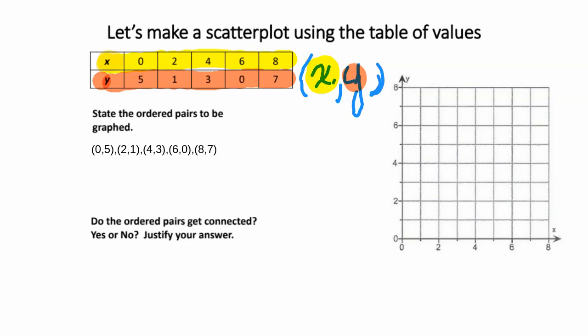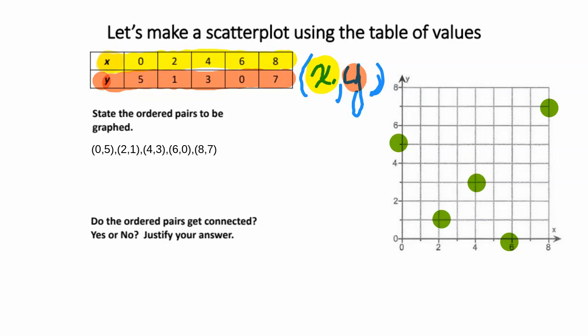Now, see the graph? I'm going to graph these. Okay? So that means I am going to put a dot for 0, 5. That's going to be right here. 2, 1, going to be right here. 4, 3, right there. 6, 0, right here. 8, 7, right here.